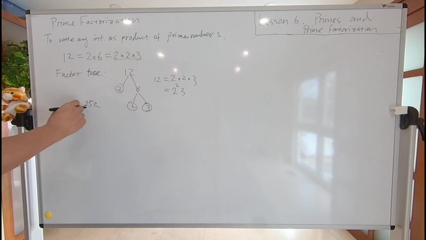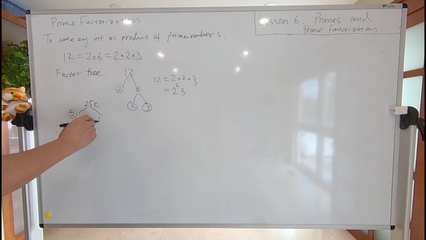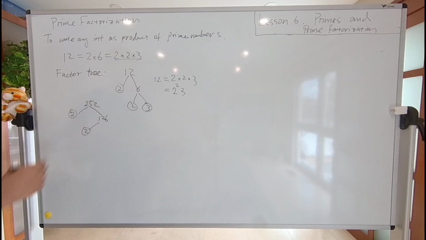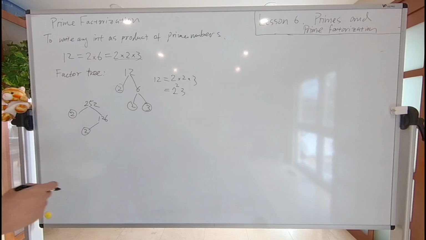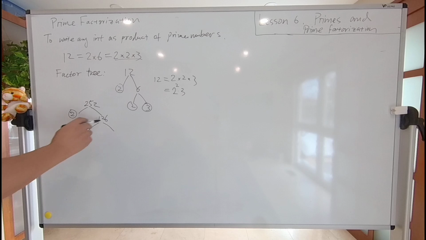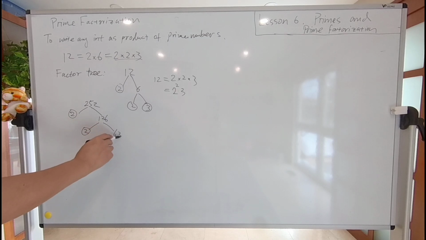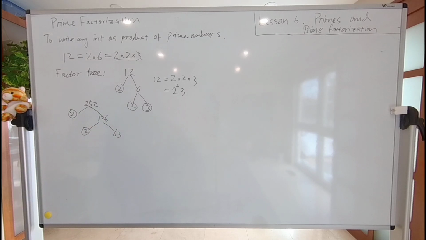This saves some energy by not thinking too complicatedly, but just keeping on trying 2 for even numbers. So this divided by 2 is 126. Again, it's an even number, so I don't need to bother with anything else. I just keep dividing by 2. I will get 63. Okay, now there are no more factors of 2 because it's an odd number.